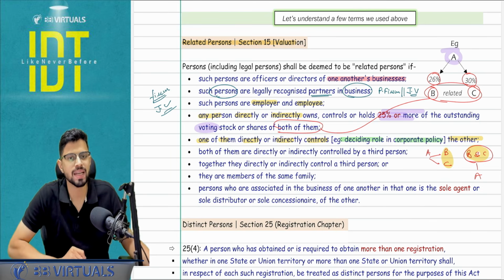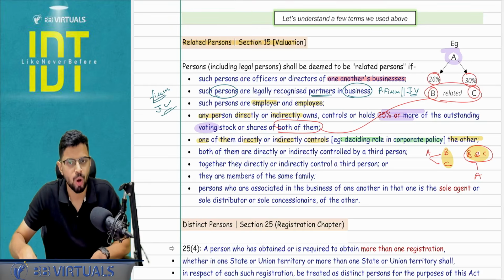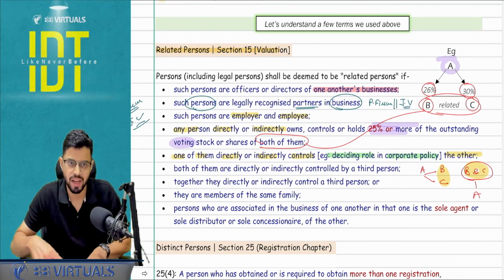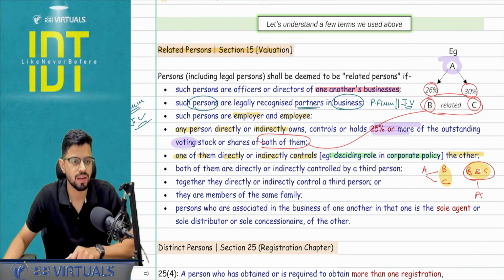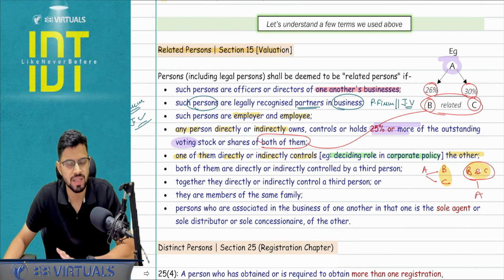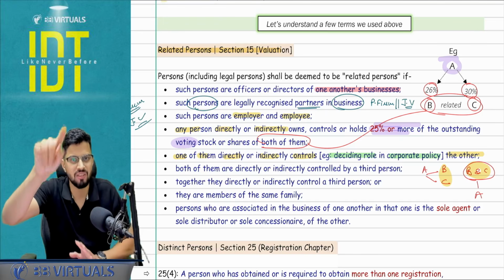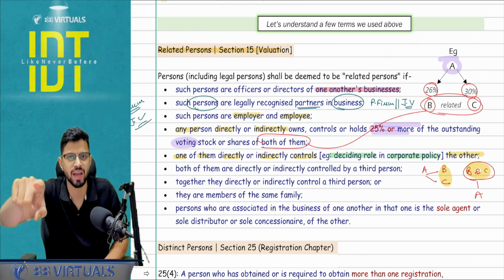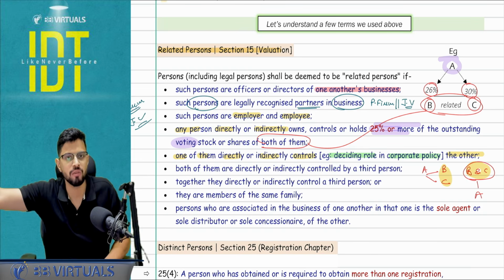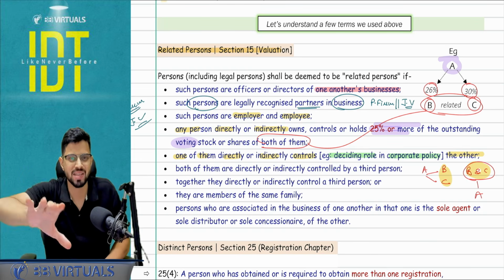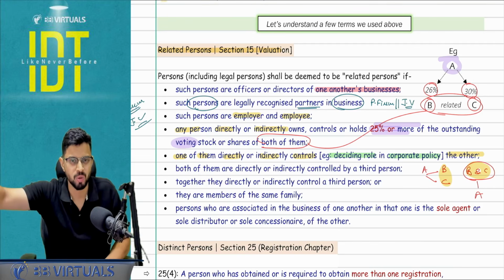I'm giving you 30 seconds. I want you to review all these clauses and confirm to me. I'm showing you the screen. Some people may not have books, so I'm showing you the screen. And please, recorded students, whenever I'm giving some time, I will be giving such time gaps when I feel that you need to review the concept or solve a question. Utilize it. Don't forward the video.